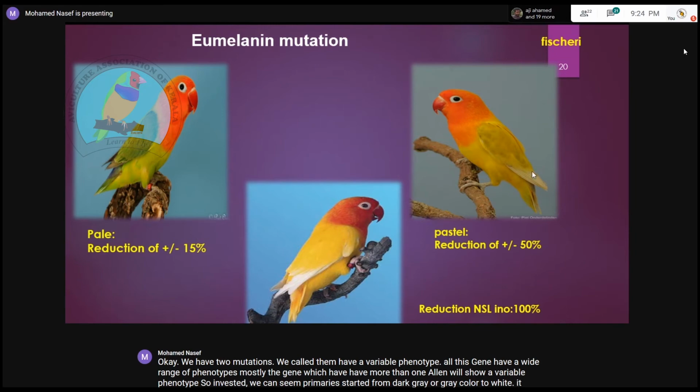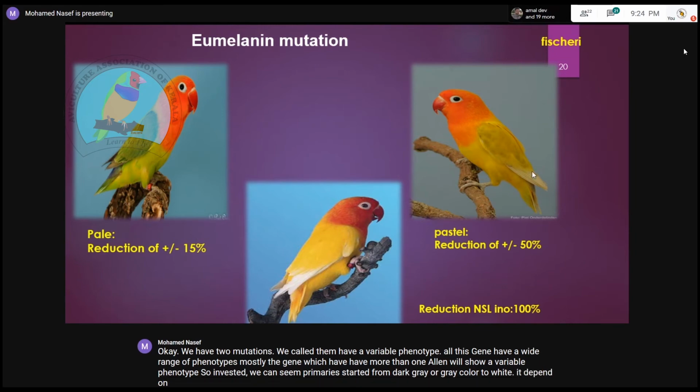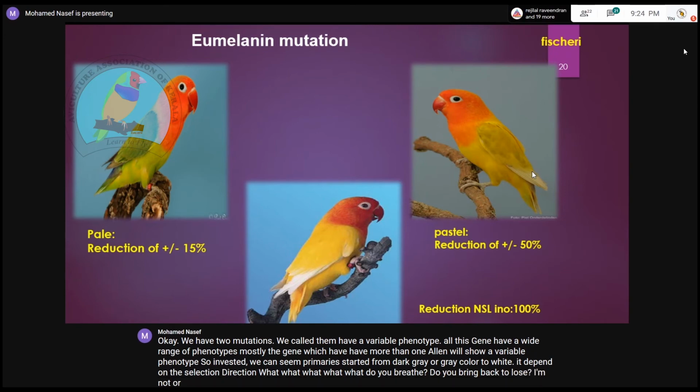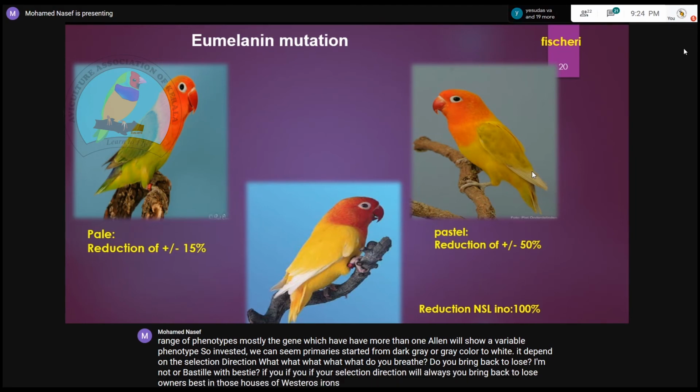It depends on the selection direction. What do you breed? Do you breed pastel with Ino or pastel with pastel? If your selection direction is always breeding pastel with Ino, pastel with Ino, pastel with Ino, even your homozygous pastel will be lighter than the standard pastel.